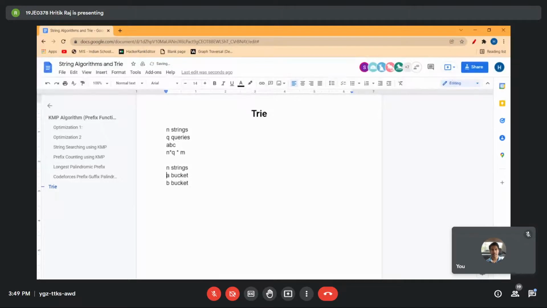Within the bucket starting with the character A, you are also given buckets for the second character, A and B. Suppose this type of structure is formed.